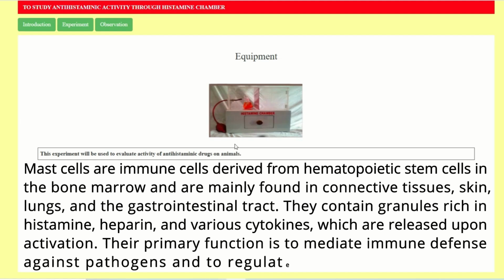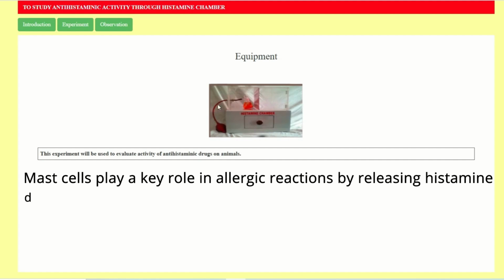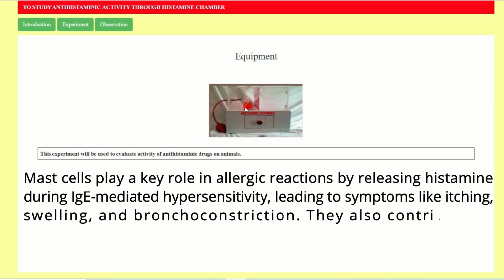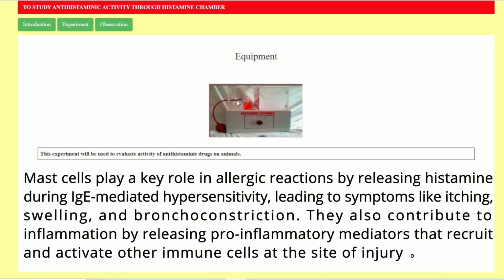Their primary function is to mediate immune defense against pathogens and to regulate tissue homeostasis. Mast cells play a key role in allergic reactions by releasing histamine during IgE-mediated hypersensitivity, leading to symptoms like itching, swelling and bronchoconstriction. They also contribute to inflammation by releasing pro-inflammatory mediators that recruit and activate other immune cells at the site of injury or infection.